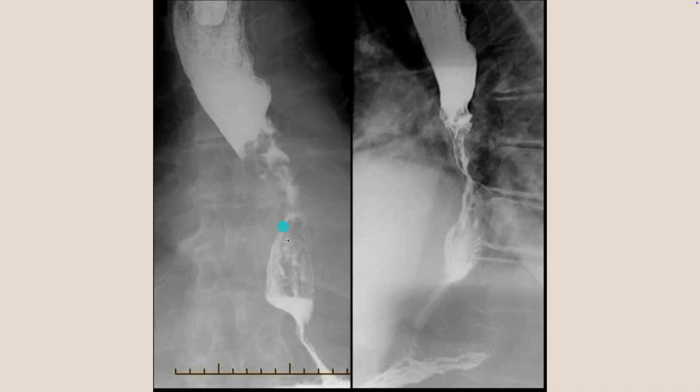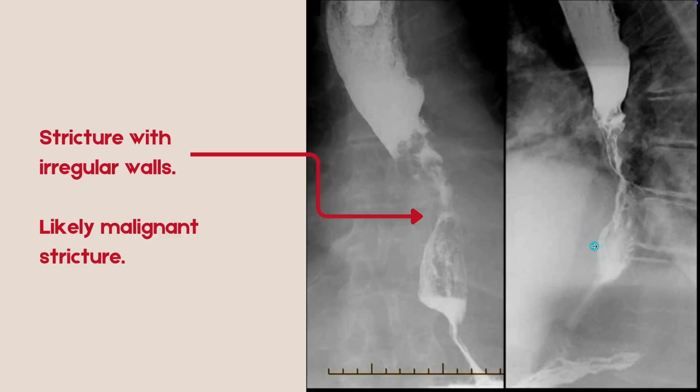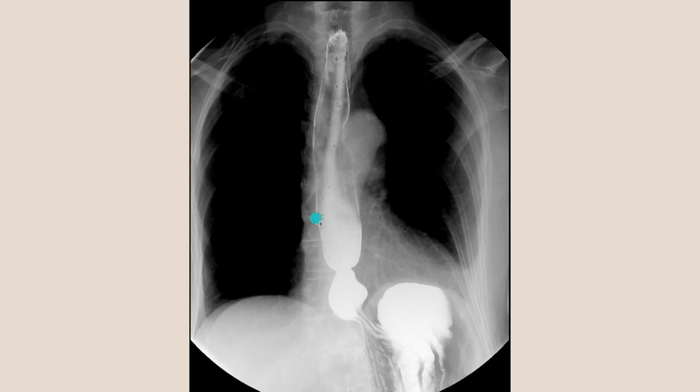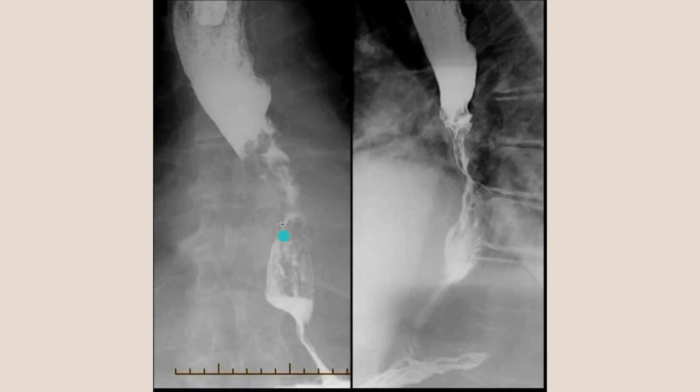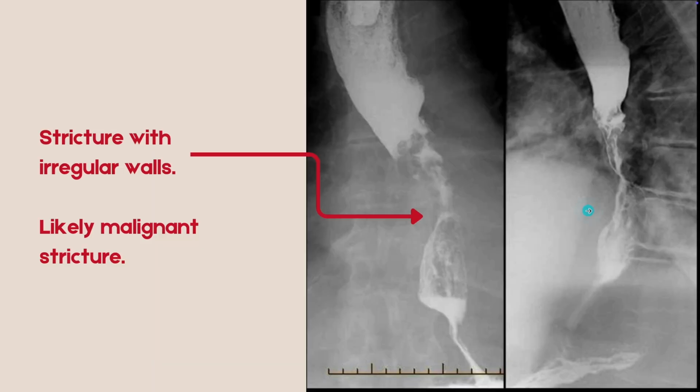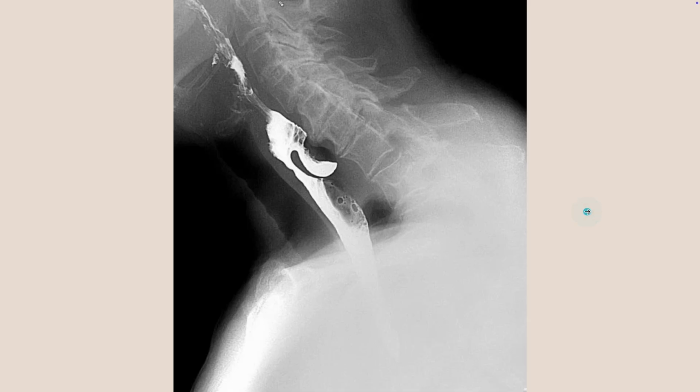So this is known as a flea-bitten esophagus, and it's usually seen in malignancy, right? A malignant stricture is what will cause this. So a stricture with smooth walls is a Schatzki ring, but a stricture with irregular walls and filling defects is usually suggestive of a malignant stricture.